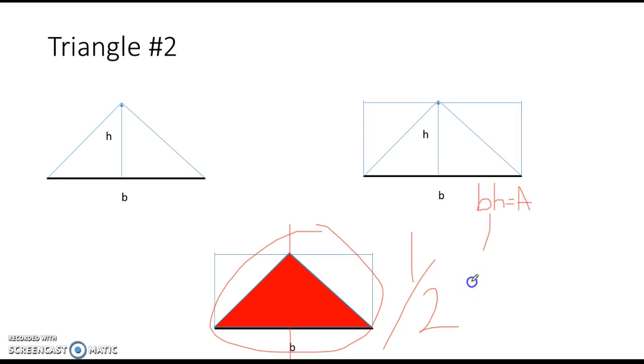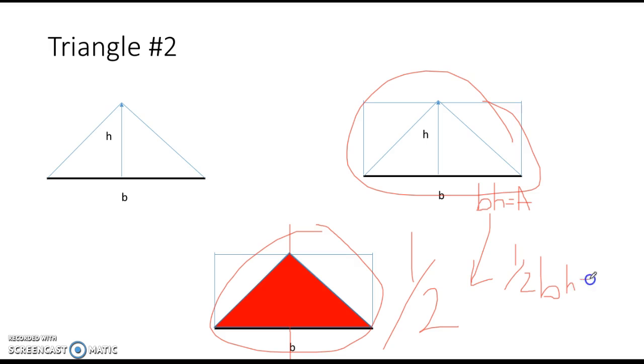So here you can bring that here because we're only looking at this 1/2. So we know that 1/2 base height equals area, and that works. So we'll give this one a check mark as well.